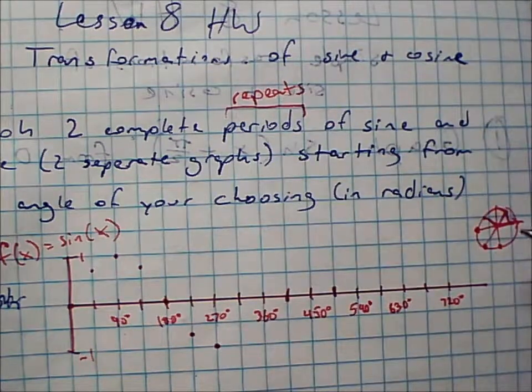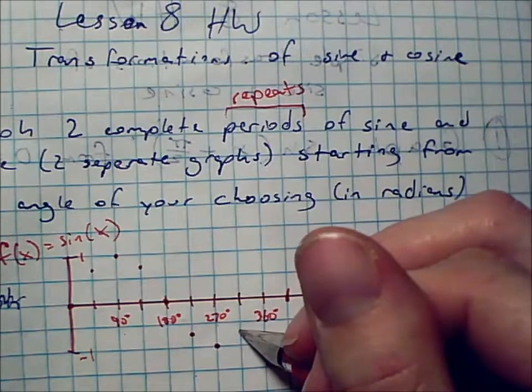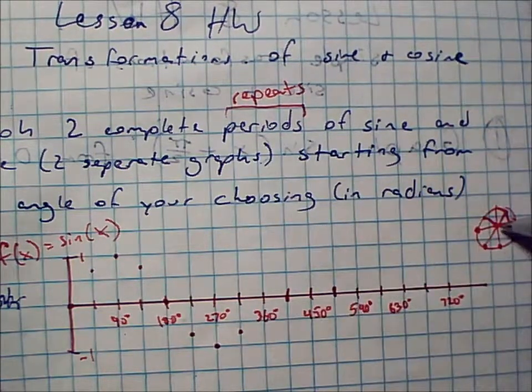So hopefully you see what's happening here. I'm going to go a little faster. 315, negative square root of 2 over 2. 360, sine is 0.